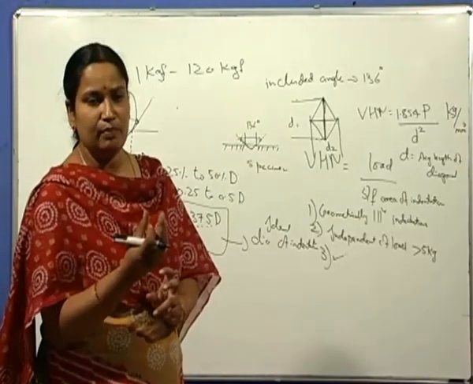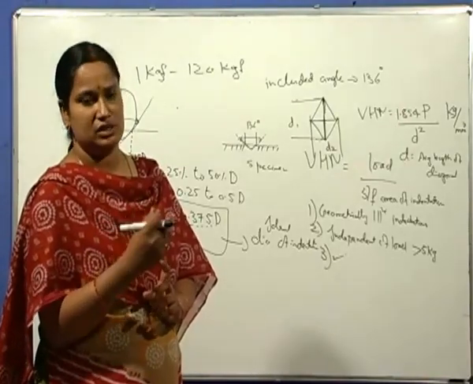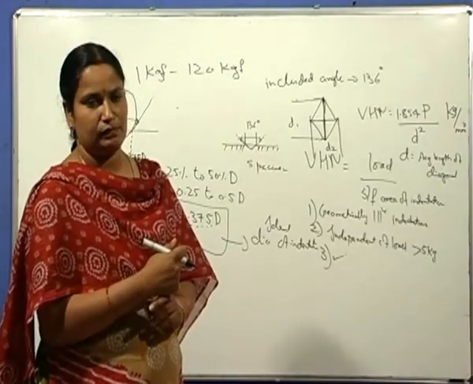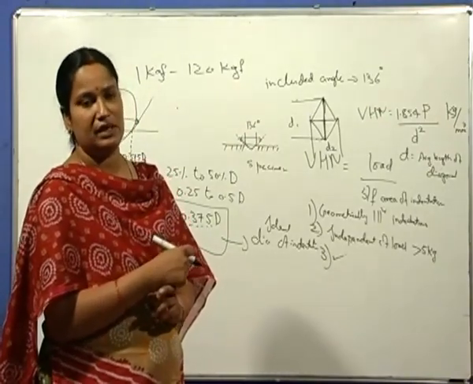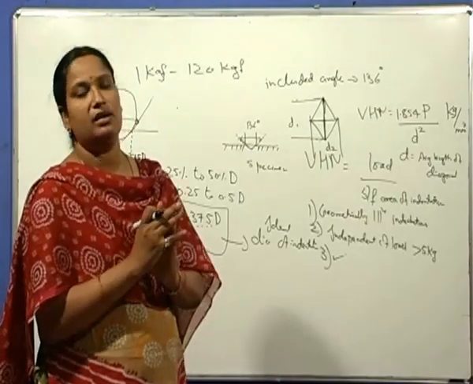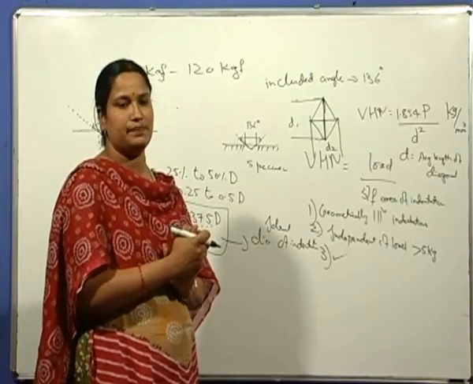Whereas the diamond indenter is not flattened or distorted when testing on very hard materials, because diamond is the hardest material, so it does not undergo any flattening or distortion when testing on very hardened steel materials.